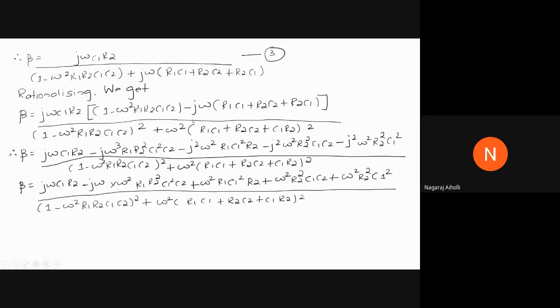It comes out to minus j square omega square, c1 r2 into r2 c2, so it is c1 r2 square c2.